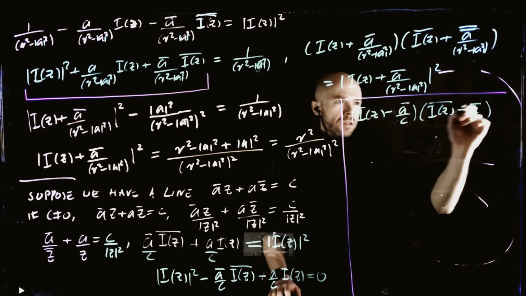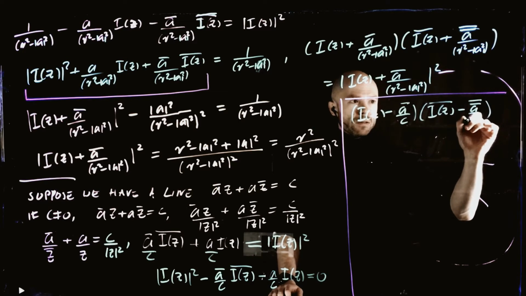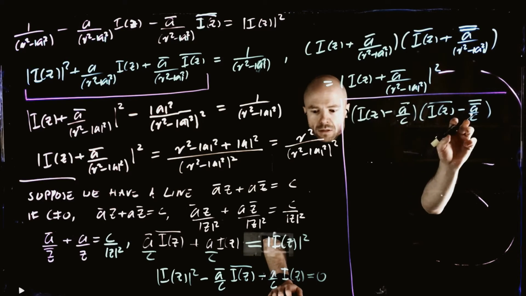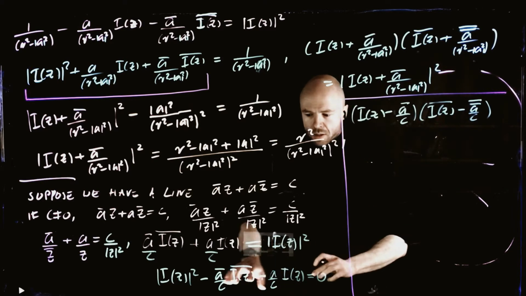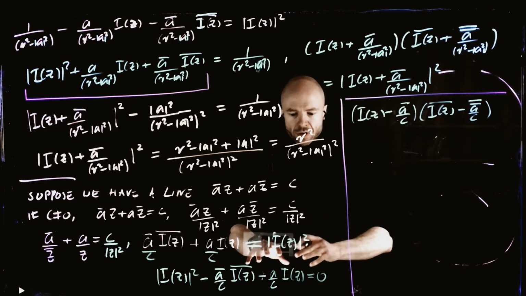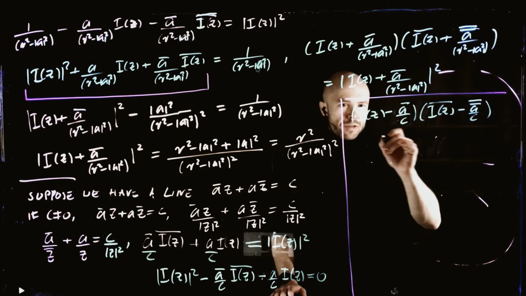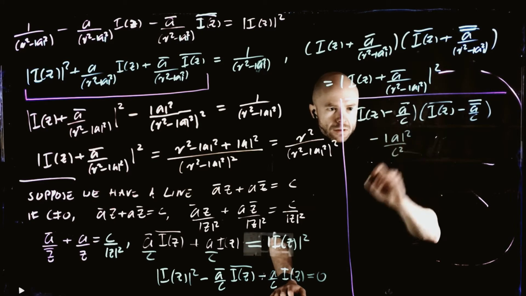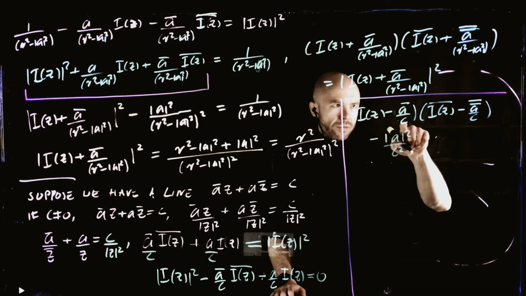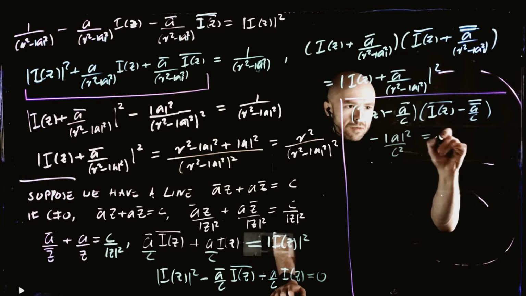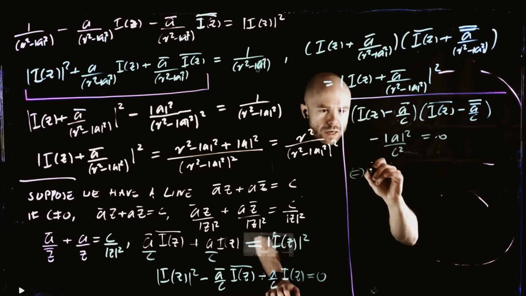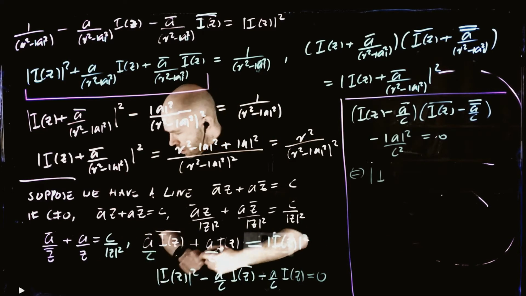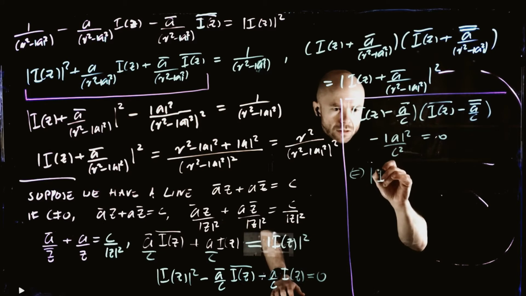So we're going to do this, and then we get this, this, and this, this. This thing gives us the first three terms, but we get this extra term from this times this. So this thing is equal to 0, and then we can rewrite this like this.